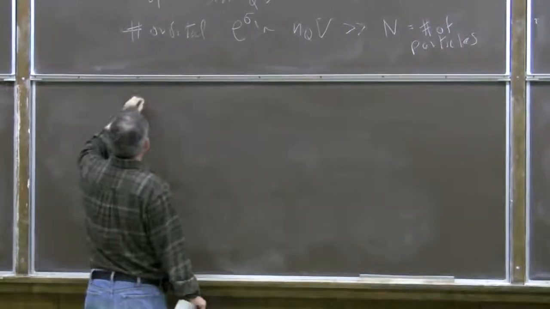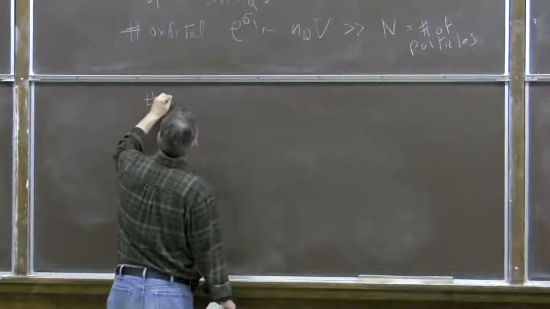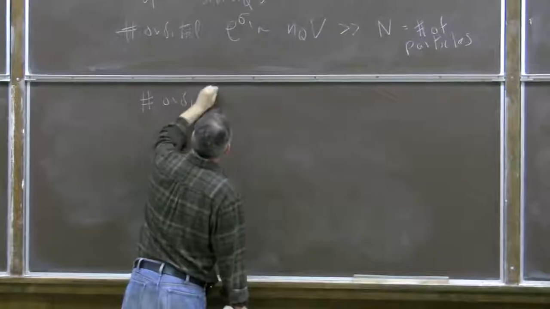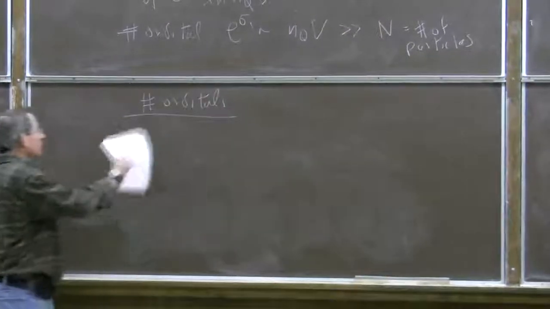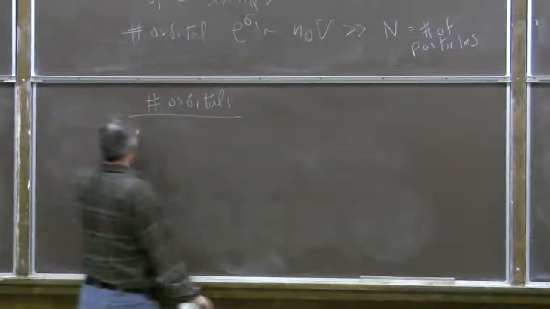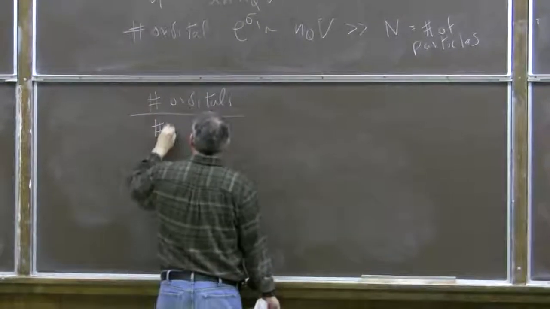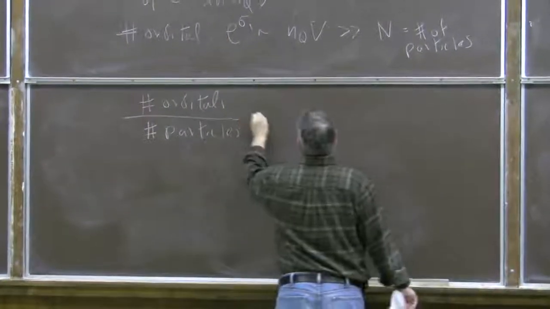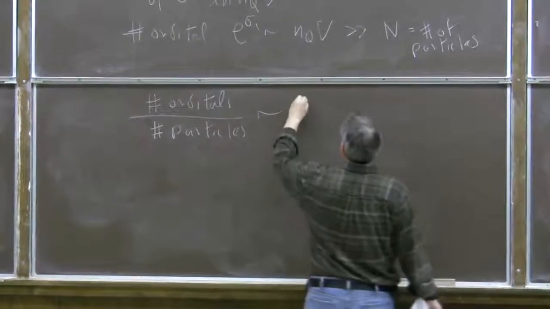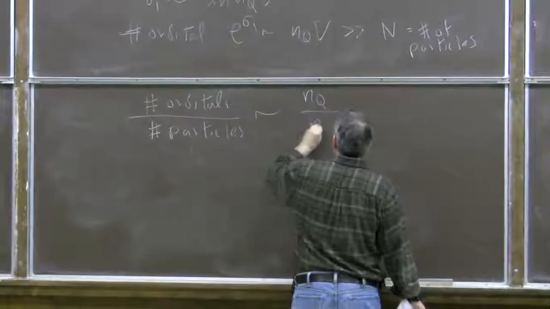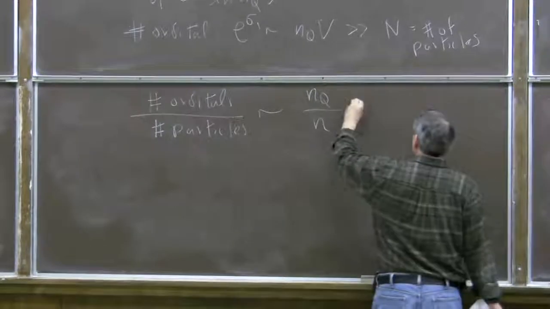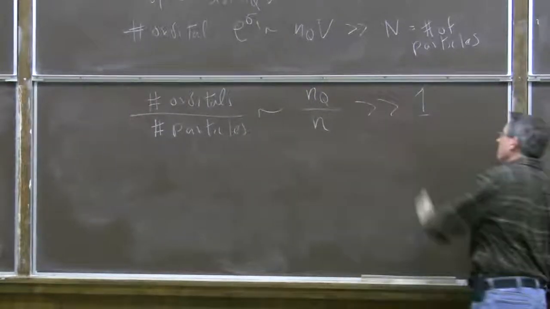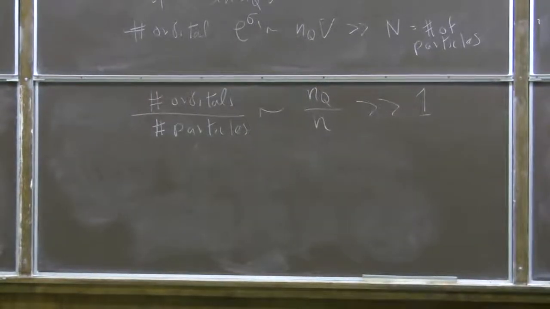So in other words, the typical number of orbitals that a single particle will occupy, divided by the number of particles, is quantum concentration divided by concentration. And I want to consider that to be a large number, many more orbitals than particles.